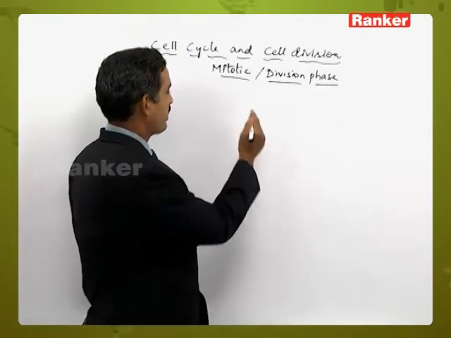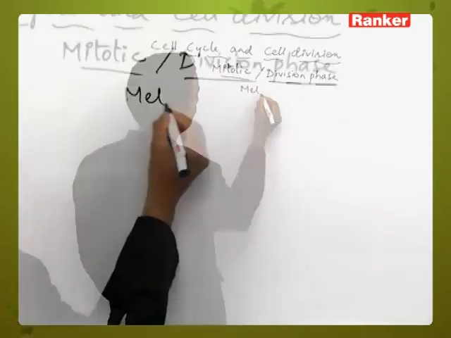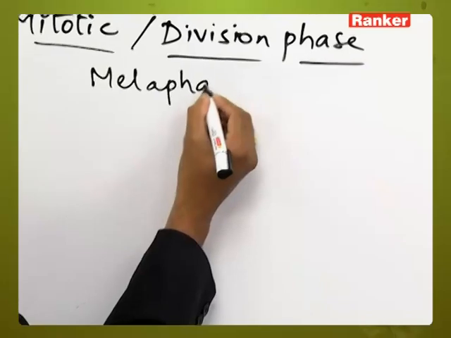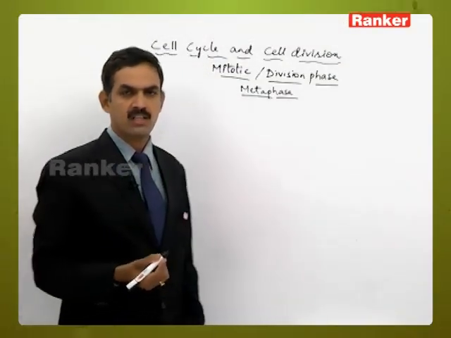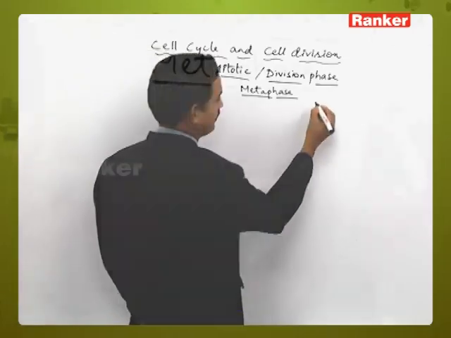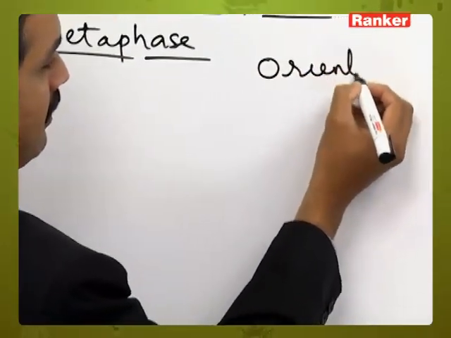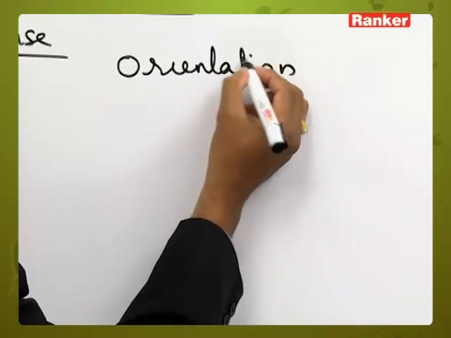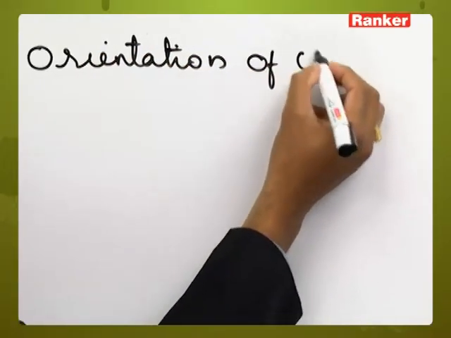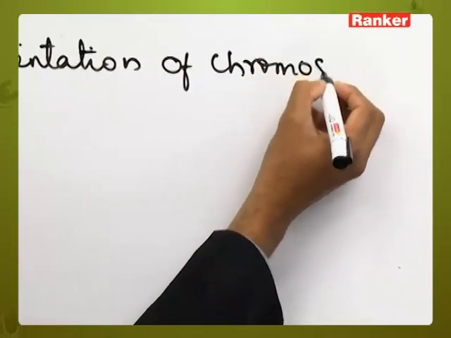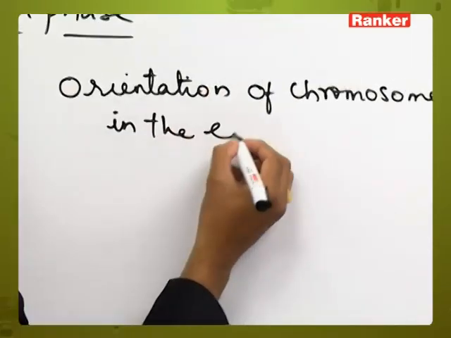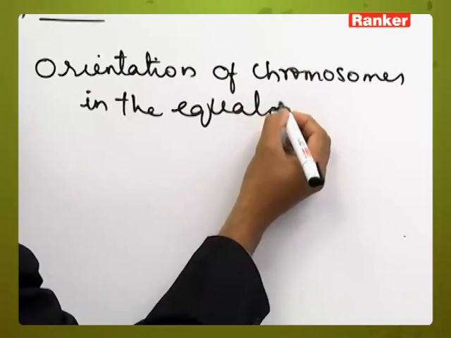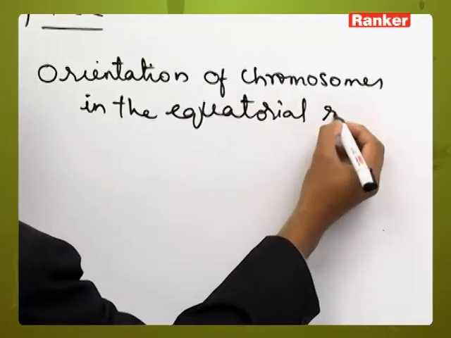The second stage in the mitotic phase is metaphase. This is a stage where the chromosomes orient in the equatorial region, that is, all the chromosomes come to the center of the cell.